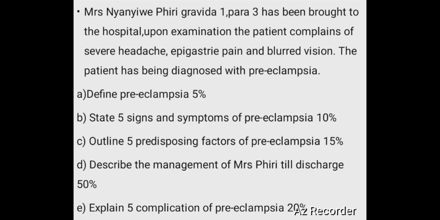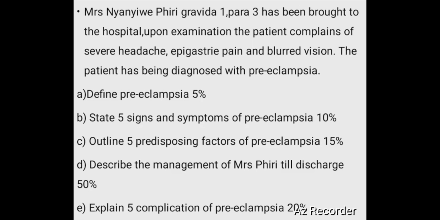So, proteinuria is basically due to damage of the glomerular filtration mechanism, which is brought about as a result of reduced blood supply to the kidney. So when the glomerular filtration is damaged, then proteinuria comes about.